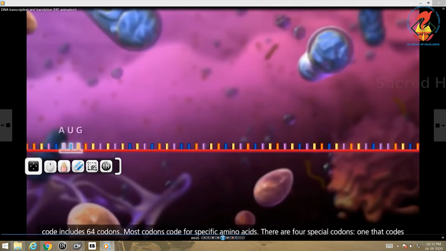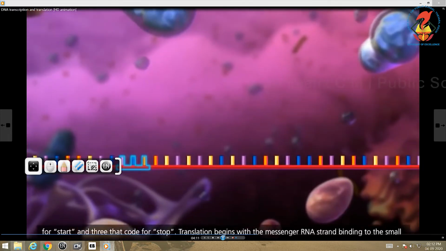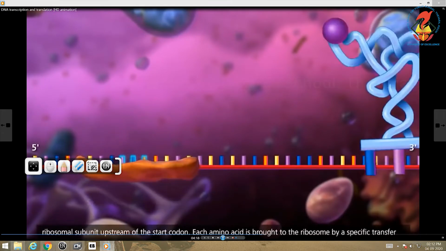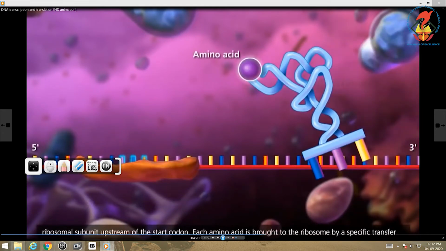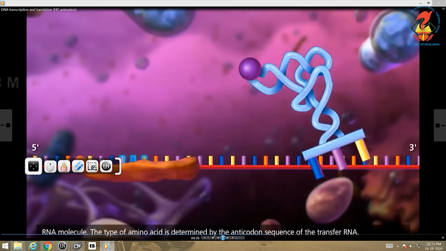So we have the mRNA in the cytoplasm with the start codon AUG and stop codon. Now the small ribosomal unit comes and takes its position at the start codon. Meanwhile, the tRNA charged with the amino acid methionine, this tRNA should be the initiator tRNA.